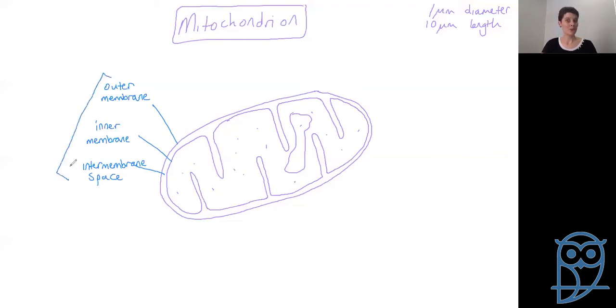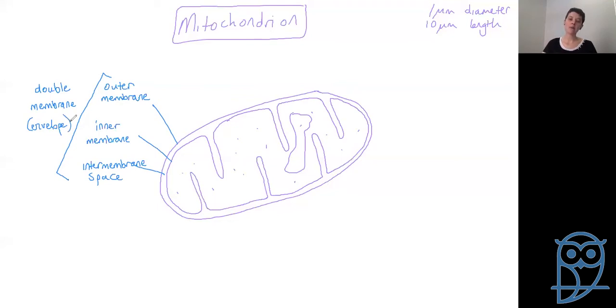Because we've got two membranes, we can call this a double membrane, also known as an envelope. So we have a double membrane on the outside of this mitochondrion.